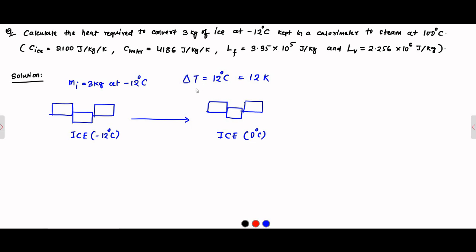No, it is the change in temperature that is numerically the same. I have demonstrated it in different ways, so I will not go into that. So here the change of 12 degrees Celsius, that is from minus 12 to 0, is the same as a change of 12 Kelvin.